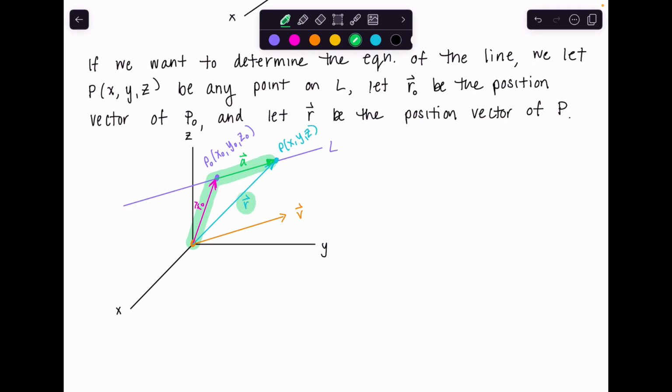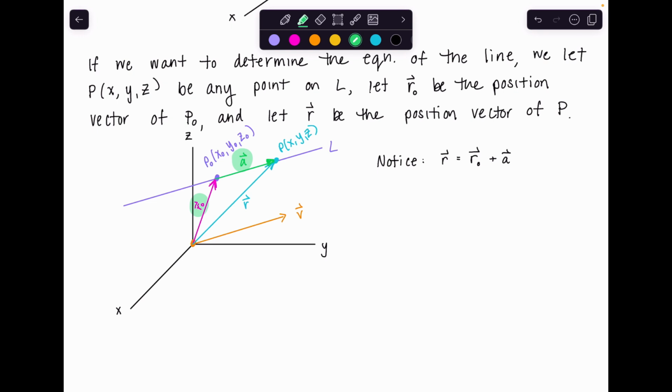So what I'm actually able to say then is that my vector r is going to be the sum of r naught plus a. Okay. And so I'm getting somewhere. My goal is to figure out what r is equal to. But again, I have no idea what this vector a looks like.